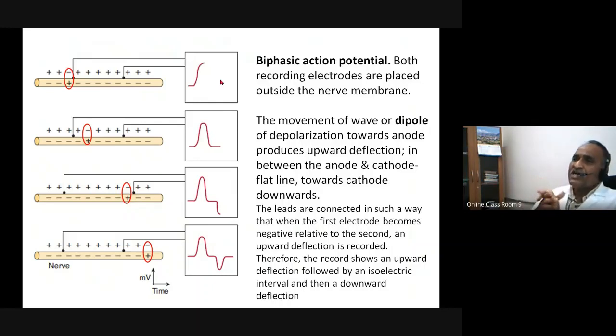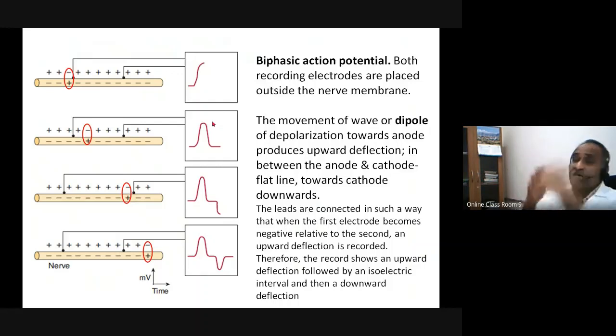Now, in this recording of compound potential, we have two waves, one upward and one downward. It is called a biphasic or diphasic action potential, and the amplitude of this action potential is at the maximum maybe two or three millivolts.